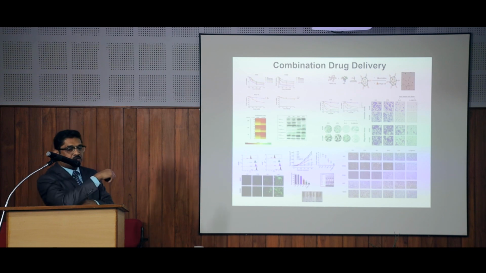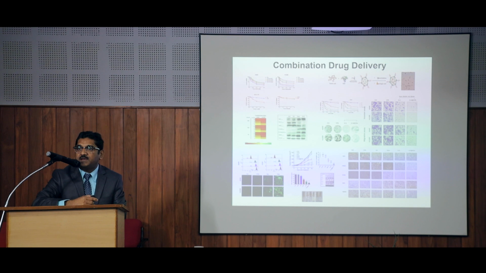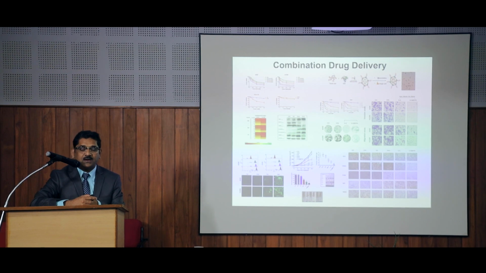So here we are showing you that when we combine gambogic acid with a drug called gemcitabine. Gemcitabine is a first line therapy drug for lung cancer and pancreatic cancer.